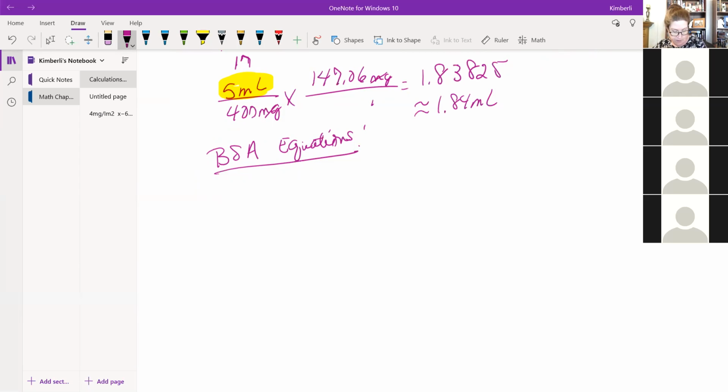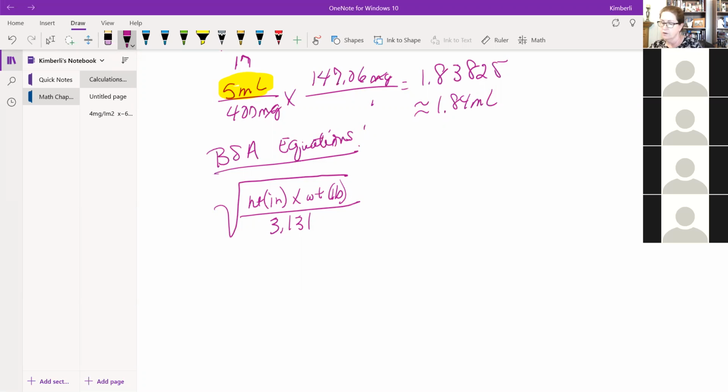The one that is standard, or we would use in the US, although we're using more metric, is the square root of the height in inches times the weight in pounds divided by 3,131.